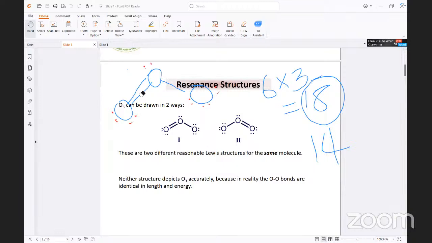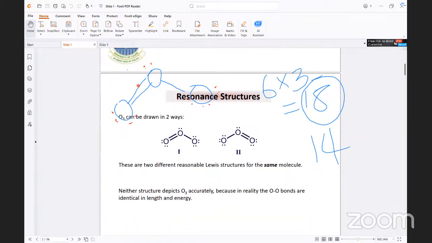So if you count the number of electrons on each now, you will see that it's complete. This is 1, 2, 3, 4, 5, 6, 7, 8. Now that is 8, 1, 2, 3, 4, 5, 6, 7, 8. So 4 bonding electrons, 4 non-bonding electrons.